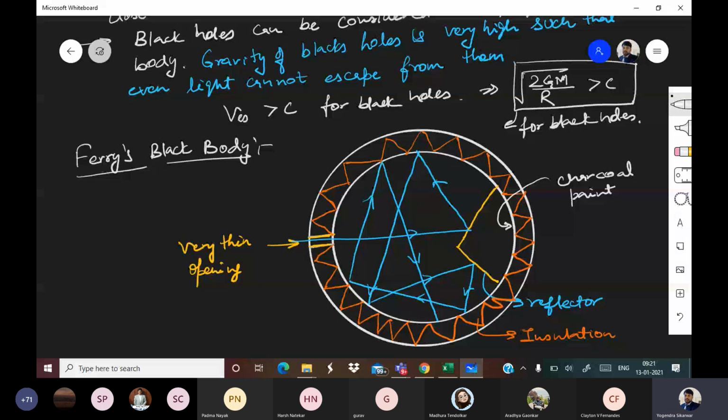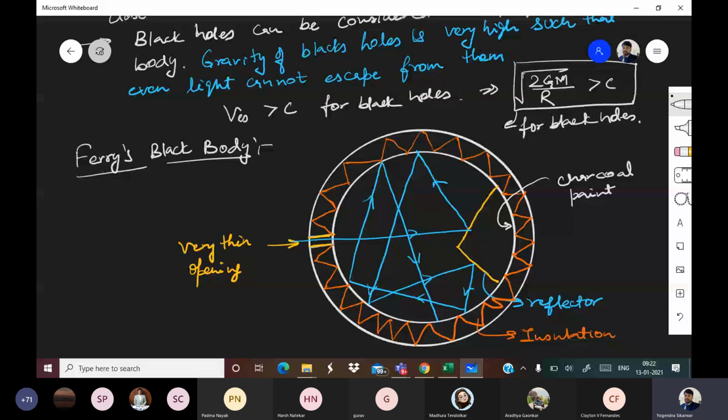You can see that the blue color light is basically showing you the heat which has entered. When it entered, due to the reflector, it is reflected, because reflection occurs as per the law of reflection. And what is that law? Angle of incidence is equal to angle of reflection.